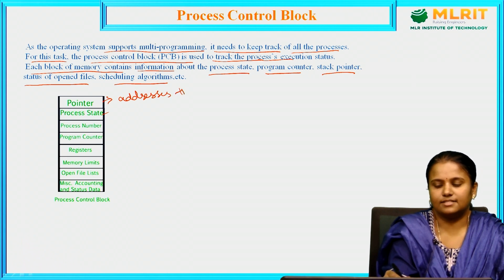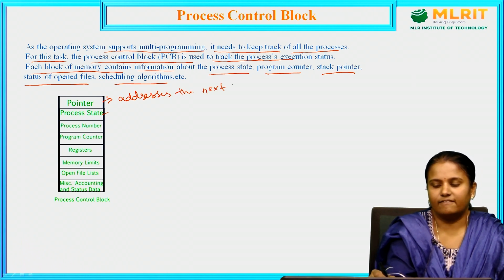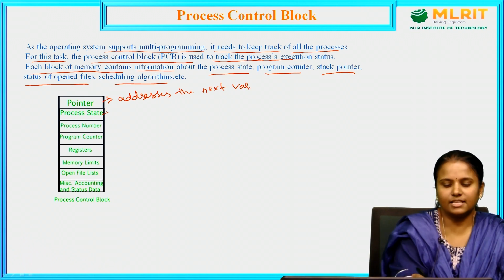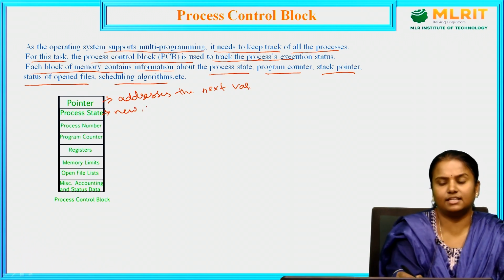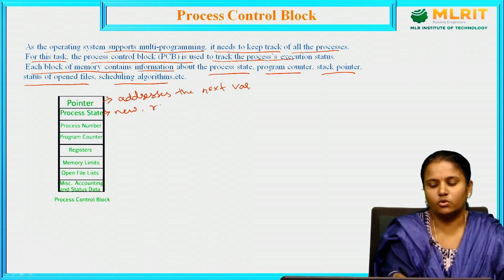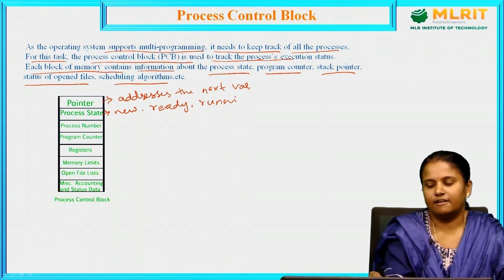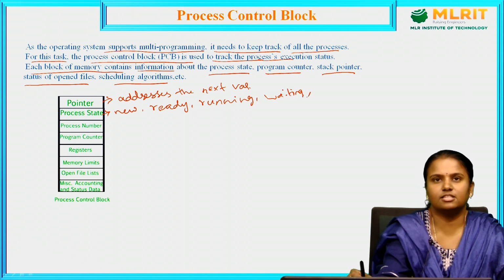Next, process states are what we just discussed: new, ready, running, waiting and terminated.